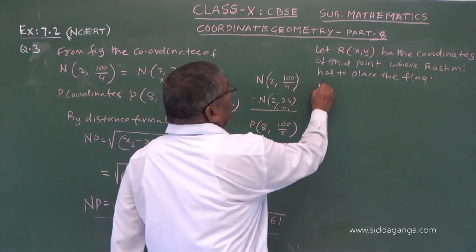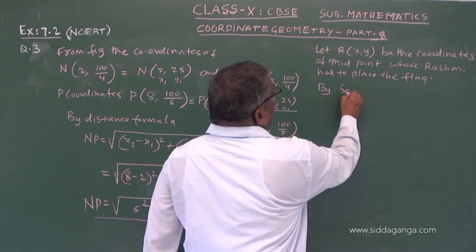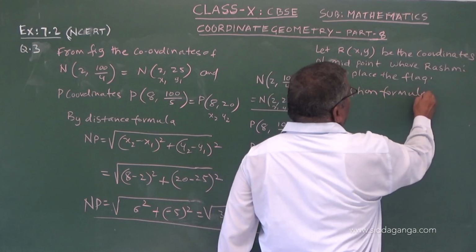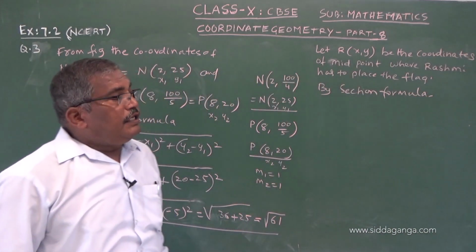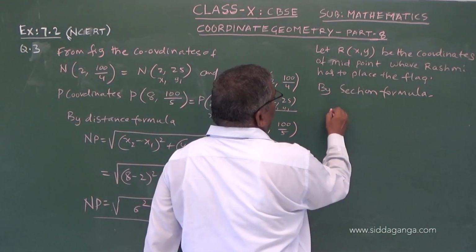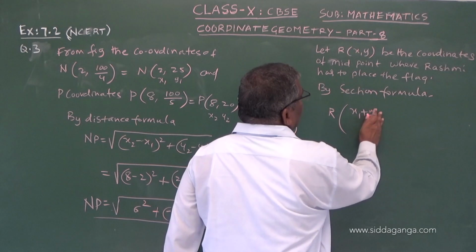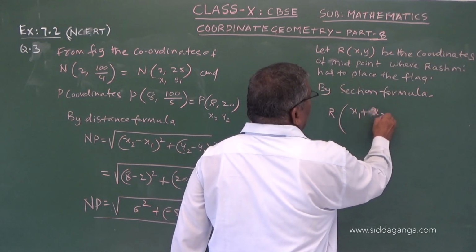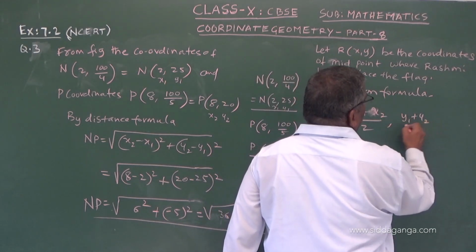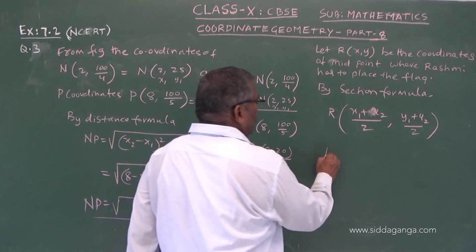So by section formula, when the ratio is M1 equals M2, R is given by (x1 plus x2) divided by 2, and (y1 plus y2) divided by 2.